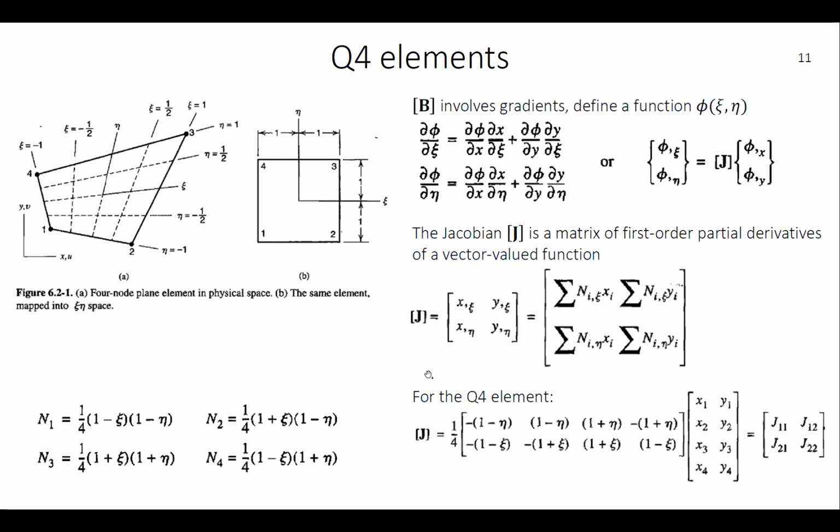So if we differentiate the shape functions following this scheme, here we have the shape functions, we will end up having this expression times the physical coordinates, which we now denote the Jacobian, which will be a 2x2 matrix having the elements J11, J12, J21, and J22.